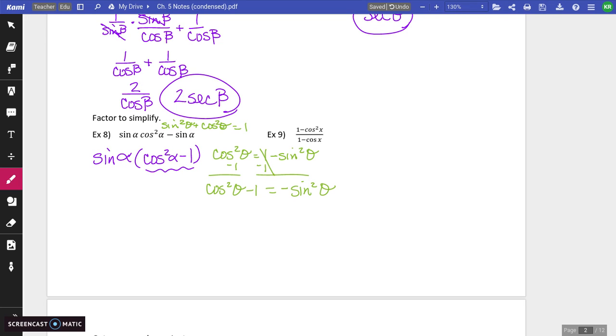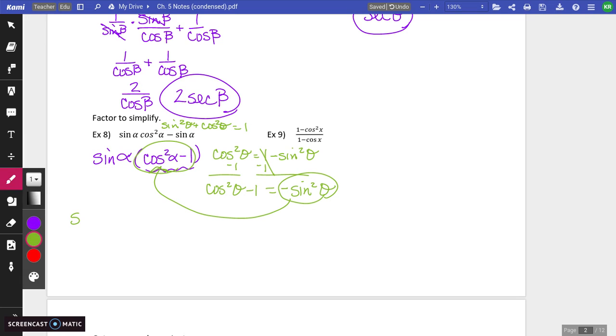Okay, so take a second, look at what we did. We moved the sine squared to the right side, and then we moved the 1 to the left side. So now we have a substitution we can make. We can take this negative sine squared and substitute it in for that cosine squared minus 1.